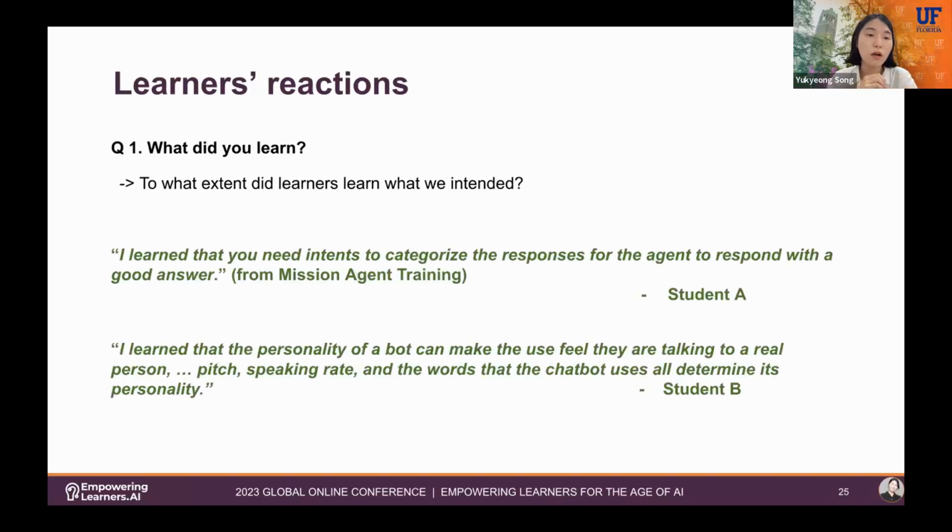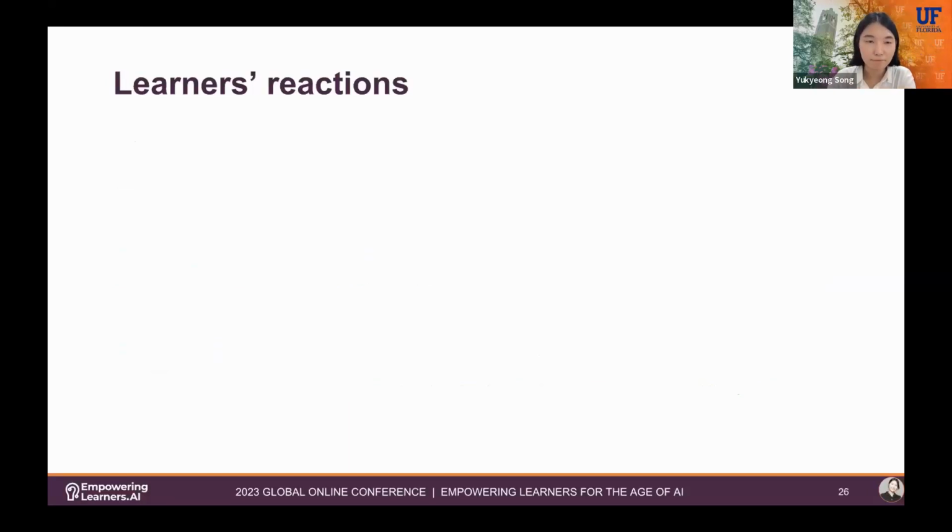Another said, I learned the personality of a chatbot can make users feel more like they are talking to a real person, and all those voice customization features determine its personality, which is also aligned with the learning objectives of this activity.